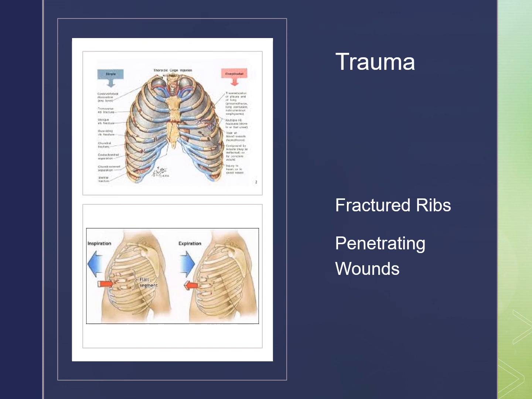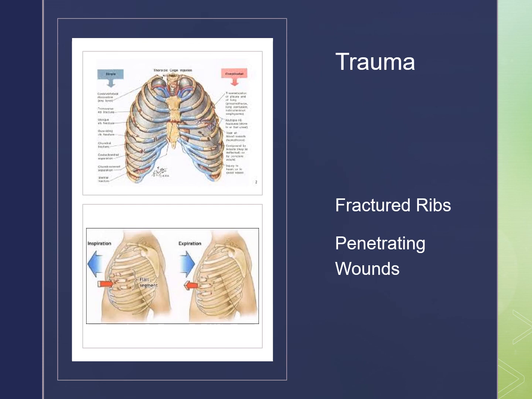They are going to have what we call paradoxical movement. So when you breathe in, normally our chest expands, but with that flail chest, that flail portion is going to go in instead of expanding out. And when we expire, where our chest usually goes back in, that flail part is going to go out. So again, look at your picture and hopefully that will help give you a good visualization.